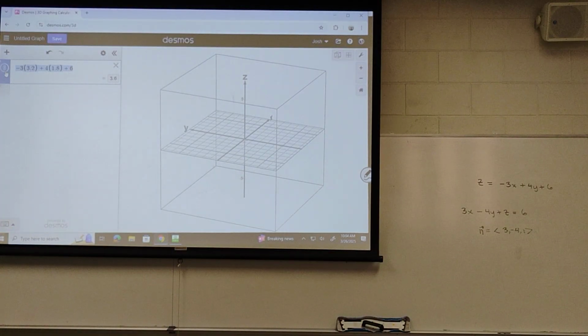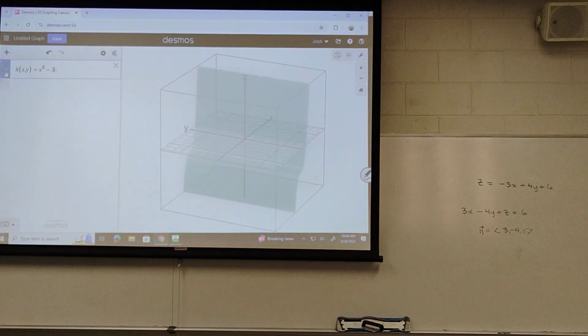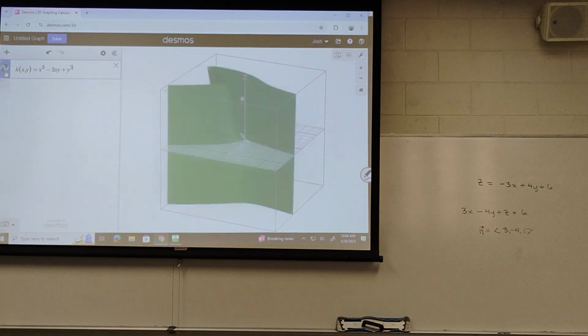I can just type in the function, and I can type h of 0, comma 0, and h of 3 over 2, comma 9 over 4.